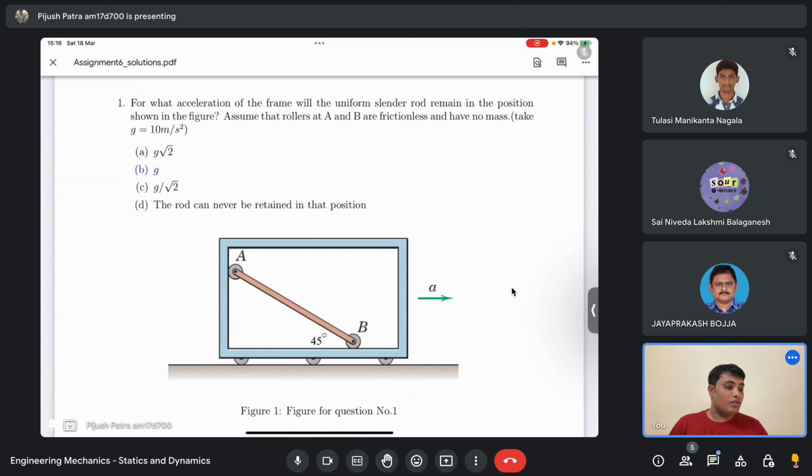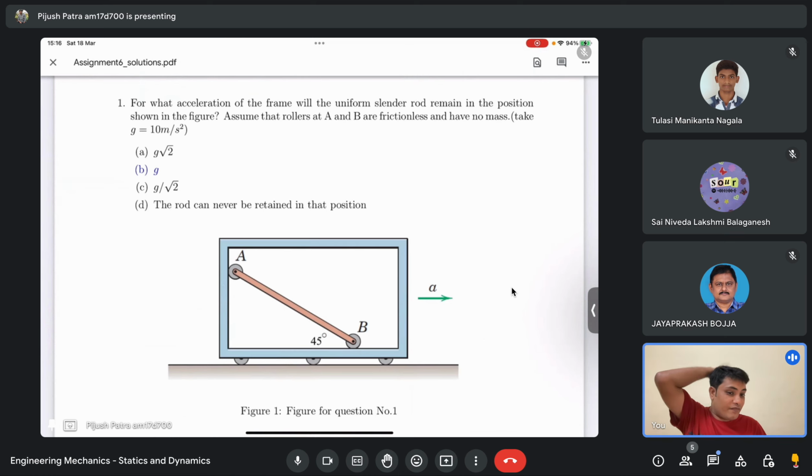At what acceleration should we move that entire frame so that the roller will not move inside the frame? Can any of you suggest something, because all of you submitted the assignment, right? Any thoughts?